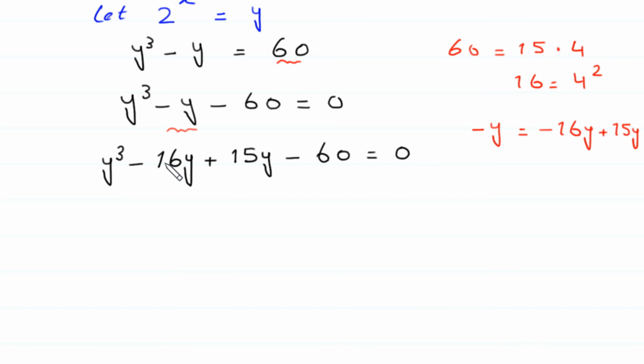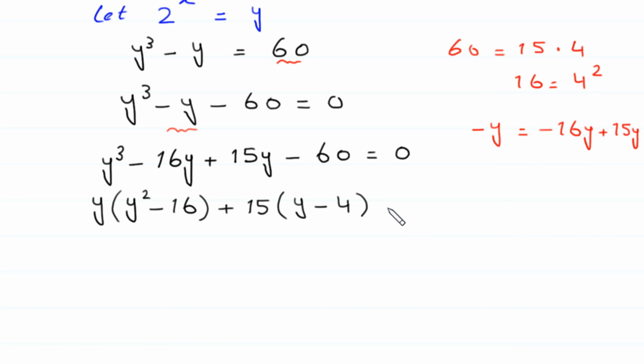Now from these two terms, y cube minus 16y, we can take y as common, and in bracket left y square minus 16, plus, and from these two terms 15y minus 60 we can factor out 15 times in bracket left y minus 4 is equal to 0.